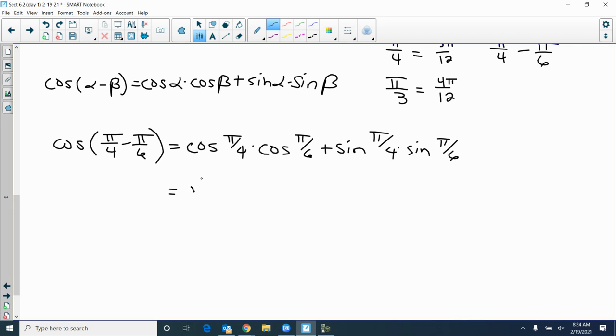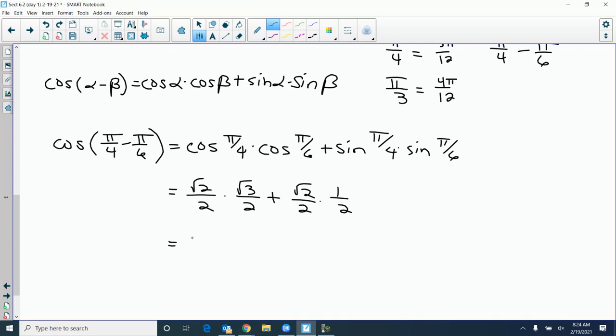Cosine of 45 degrees, radical 2 over 2. Cosine of 30 degrees, square root of 3 over 2. Plus sine of 45 degrees, square root of 2 over 2. Sine of 30 degrees, 1/2.